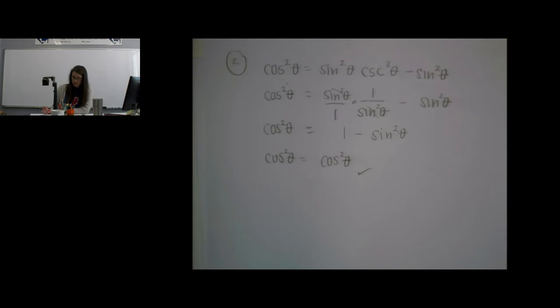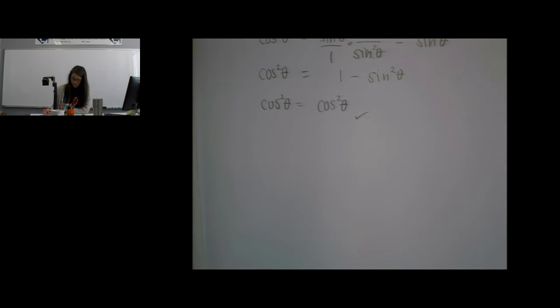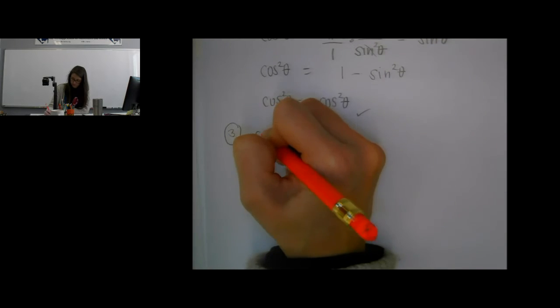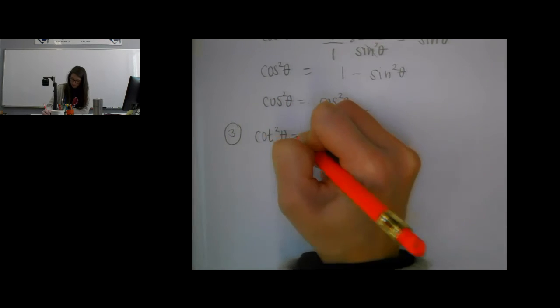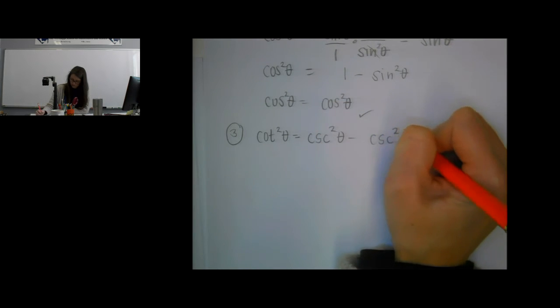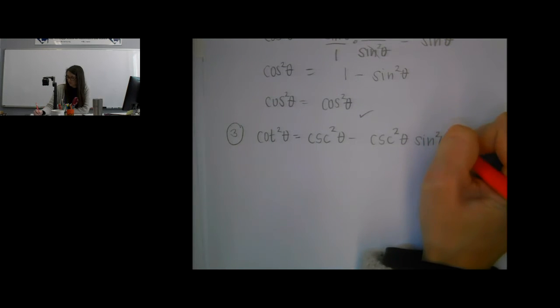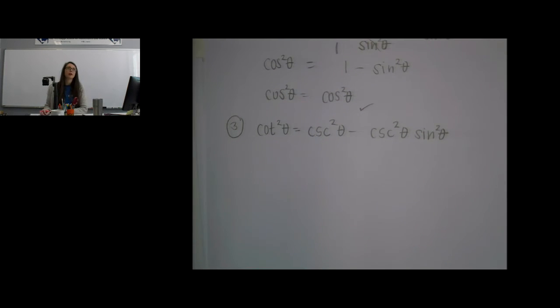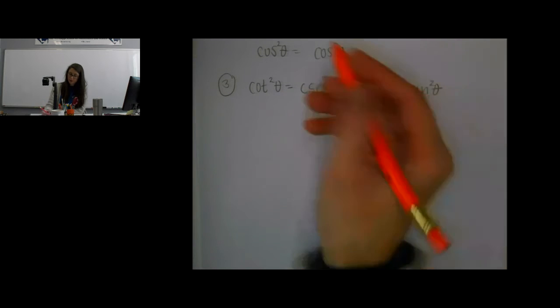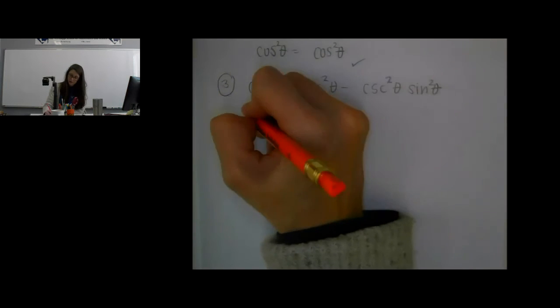See how important it is to know these identities. So basically, if you can simplify, you can verify. Okay, so take a minute and do this one. All right, so I'm going to take this side and make it look like cotangent.